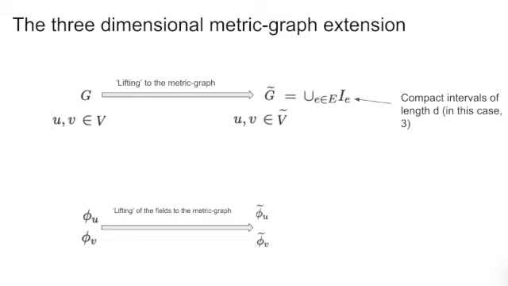But besides the underlying graph structure, we also have to lift fields to the metric graph, which is to say that we would start with the 2 components for the Gaussian free field, phi u, phi v, and their counterparts in the metric graph extension, to obtain the metric graph Gaussian free field in 3 dimensions, given by twiddle phi of u and twiddle phi of v.